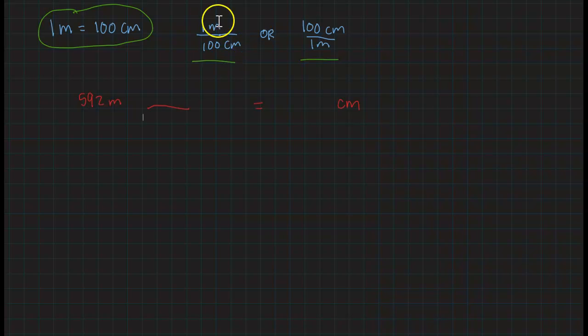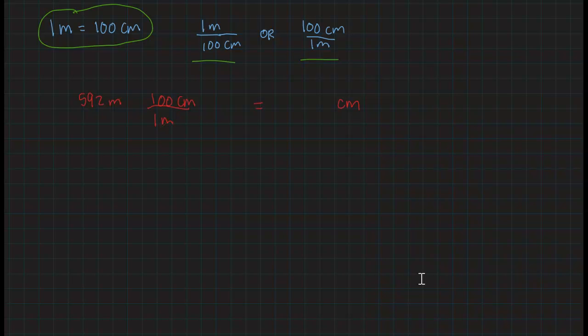We're going to pick which of these two conversion factors has the meters in the denominator, because the meters are going to cancel the same way that variables are going to cancel when we're doing algebra. So let's use the conversion factor that has 1 meter in the denominator and 100 centimeters in the numerator. This is the way that we want to have our conversion factor set up, and this enables us to cancel the unit of meters.